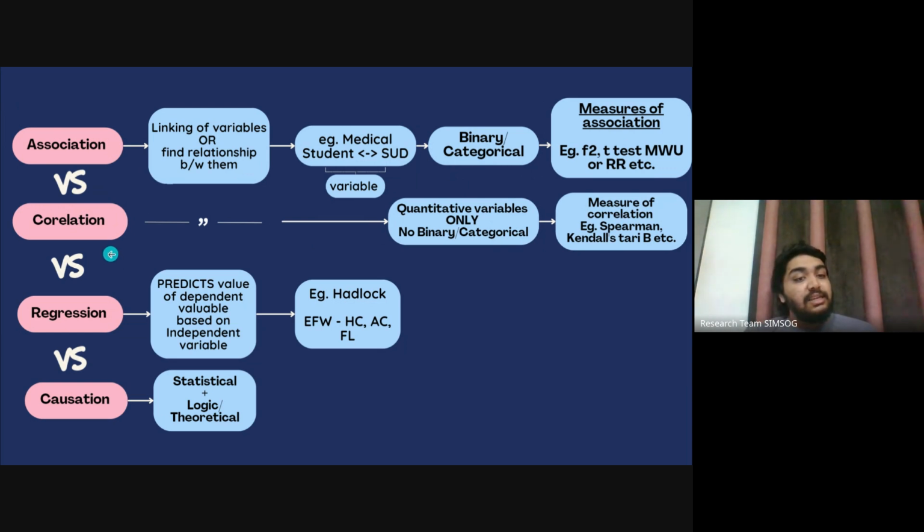Now, this is against regression. What does regression do? Of course, it does the previous things as well. It finds the relationship between the variables, whether there is a link between them. It also tells you the strength of it. But at the same time, regression also helps in predicting the value of a dependent variable based on the value of the independent variable.